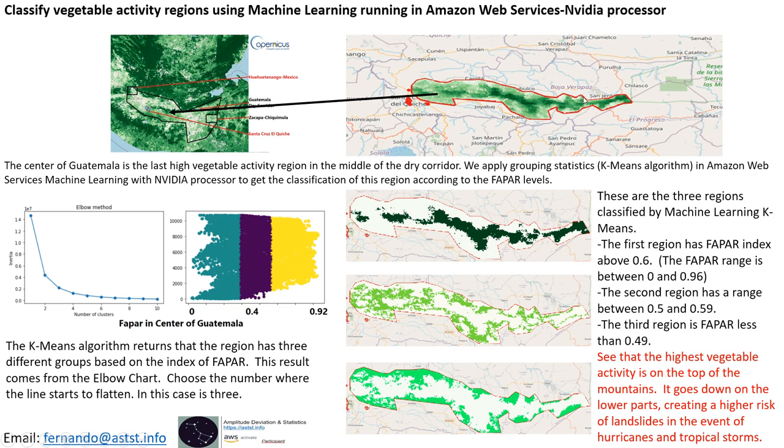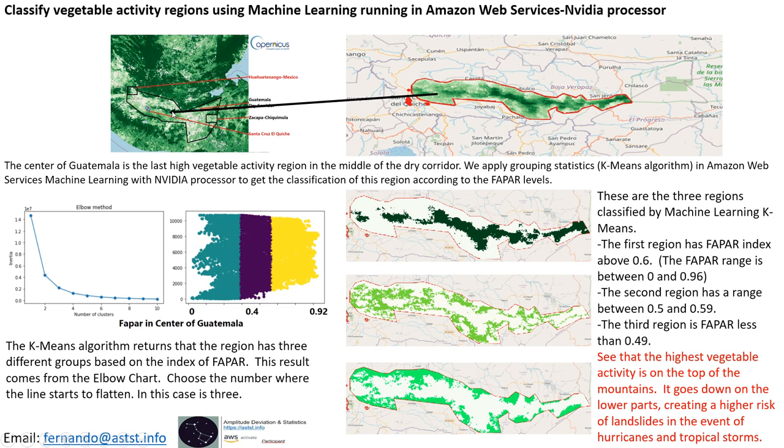Here we have the center of Guatemala, and we can see that the dry corridor of Guatemala is moving from the east to the western part, and almost everything is getting dried. So it is a large problem for immigration, because this region has one of the highest rates of immigration to the United States.